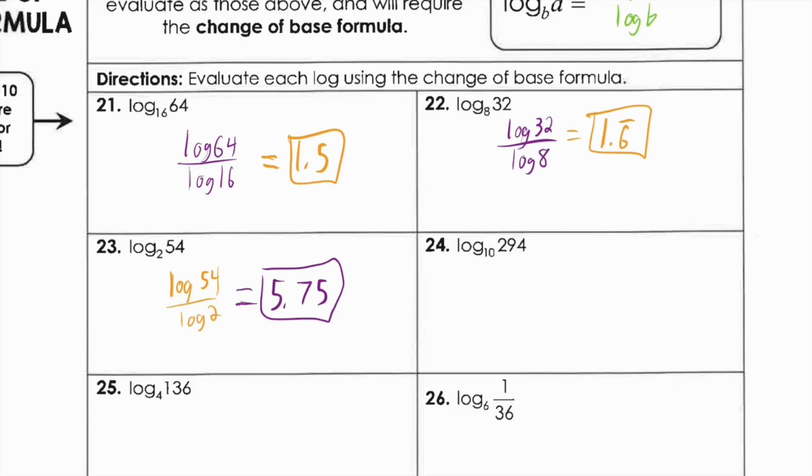On 24, this is log of 294 over log of 10, which if we round to 2 decimals is approximately 2.47. Now you may have noticed, and maybe you didn't, that this actually is base 10 already. So you could just simply type in log of 294 into your calculator and get this answer.